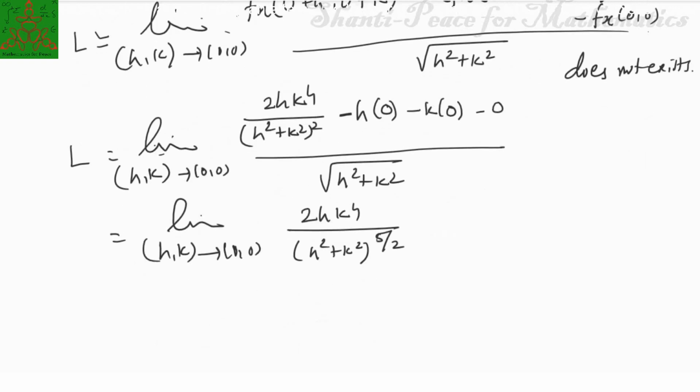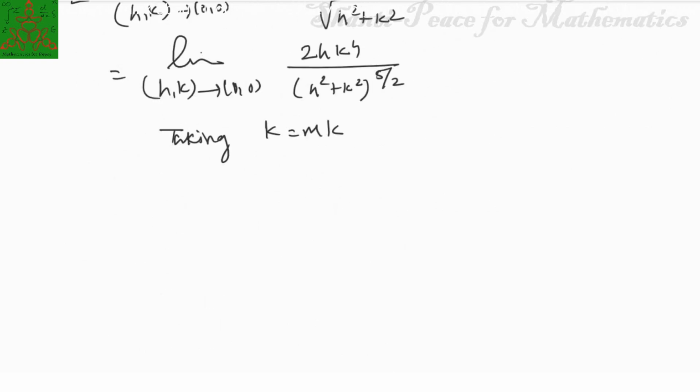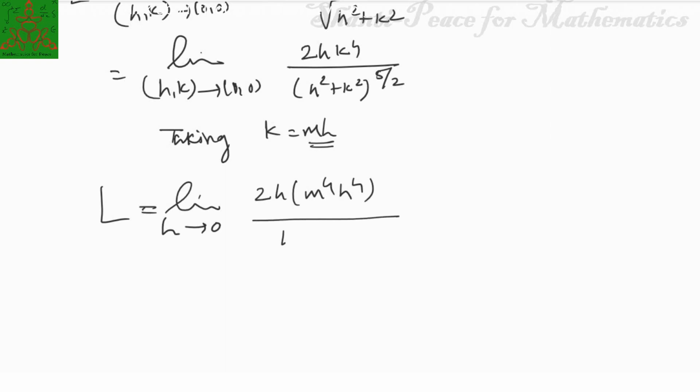Now we have to show that this limit does not exist. I am taking a path k equal to mh, because we have to show that this limit does not exist. So limit h tends to 0 of L, and instead of k I substitute mh. So that is 2h m to the power 4 h to the power 4 upon (h squared plus m squared h squared) to the power 5 by 2.